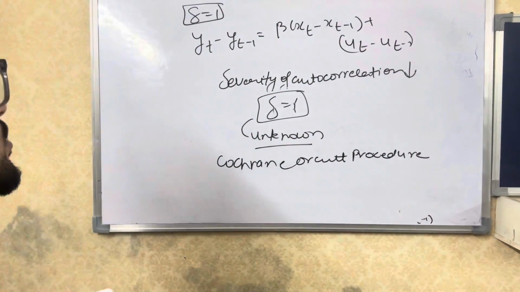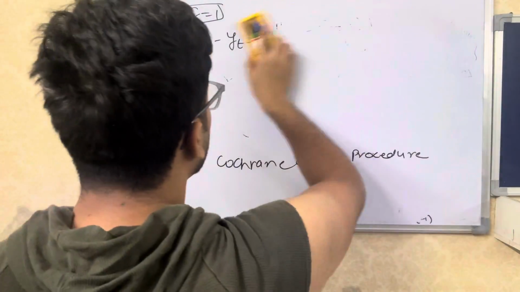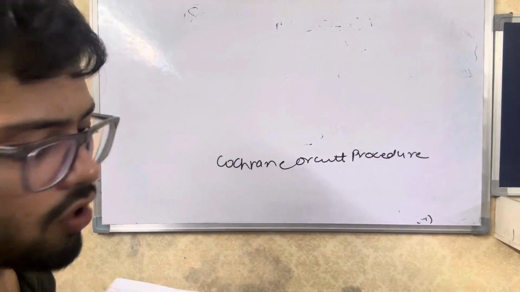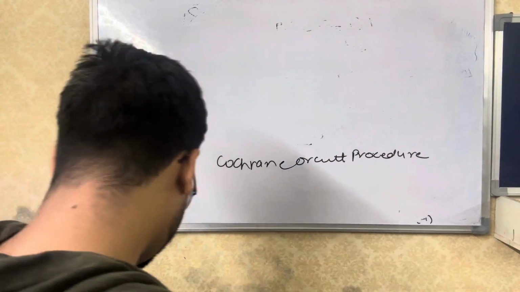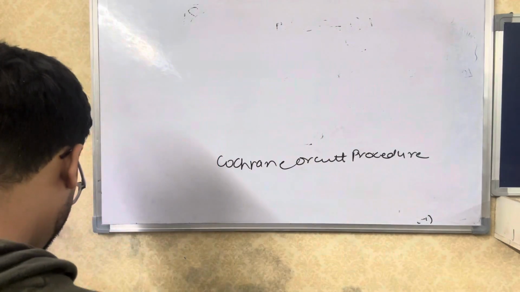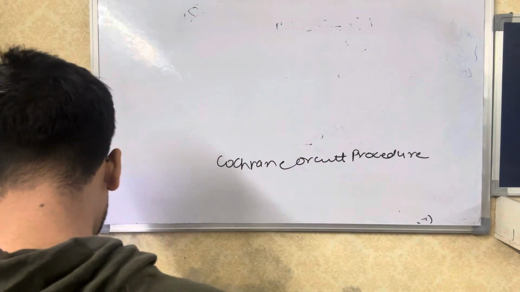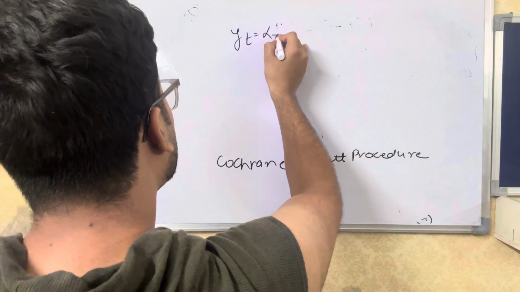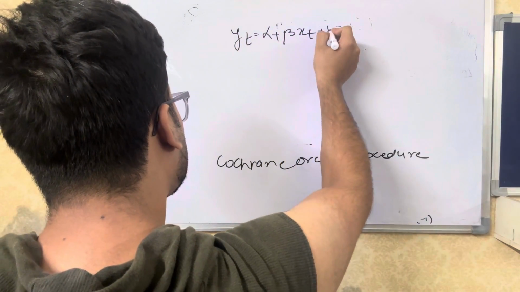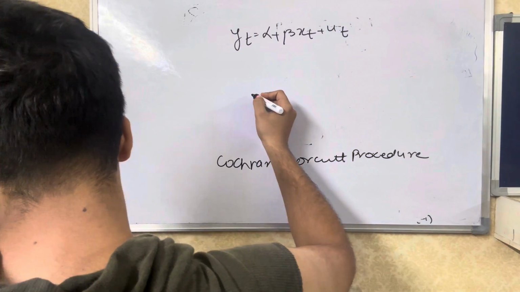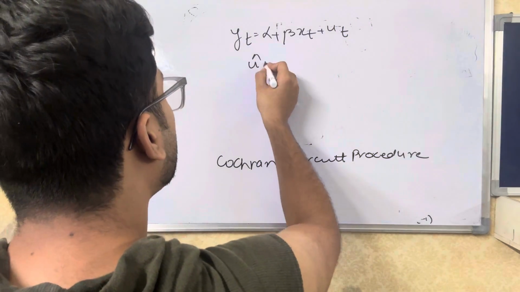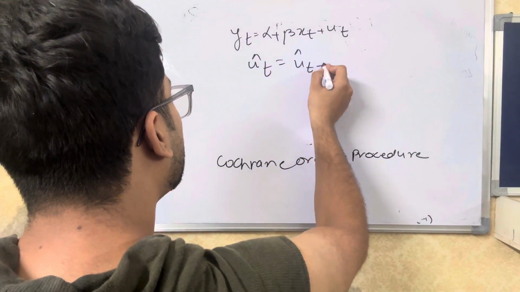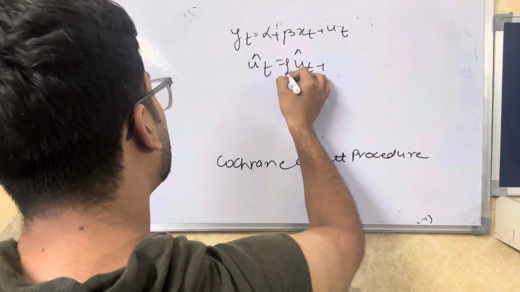So in this particular Cochrane-Orcutt procedure, let us say we have this particular equation, yt is equal to alpha plus beta xt plus mu t, and you know that mu t is correlated with mu t minus 1 by factor rho.